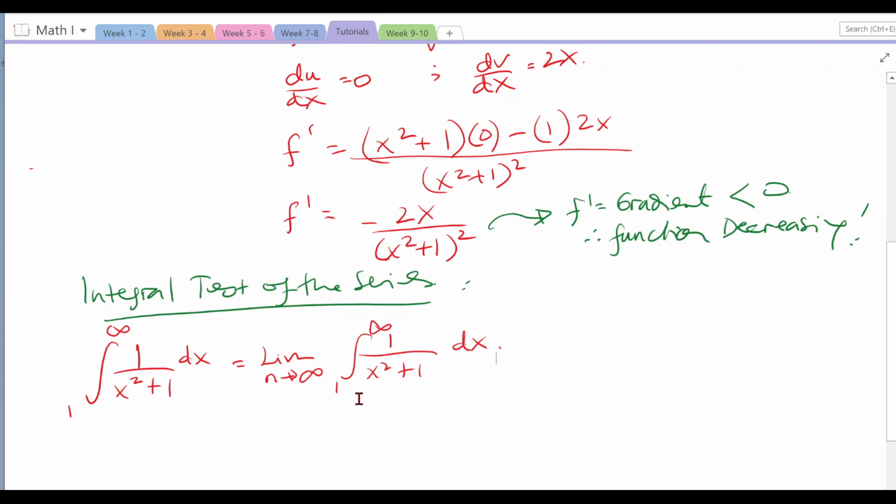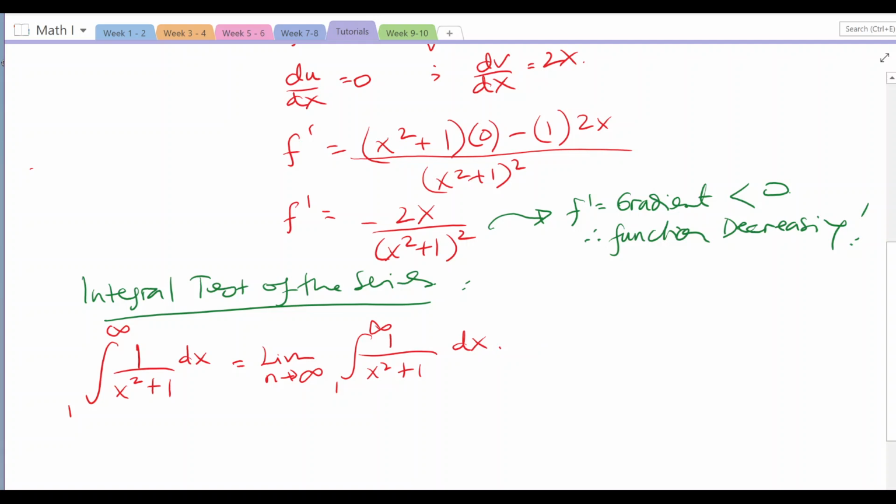You can derive it by substituting x equals secant theta, and then x squared plus 1 becomes tan squared, and then you will get inverse tan later on.